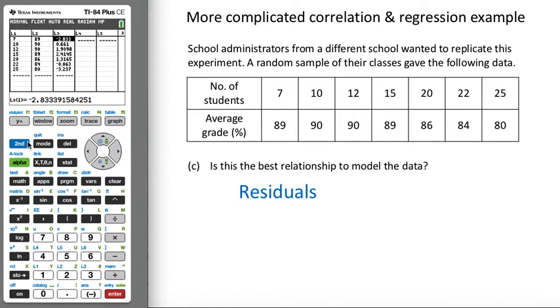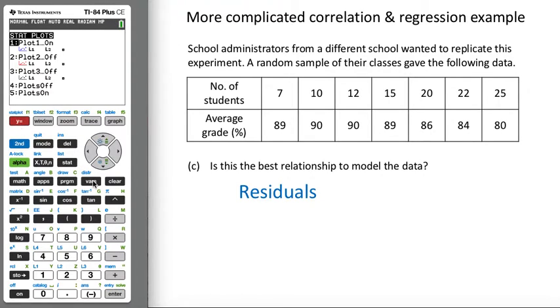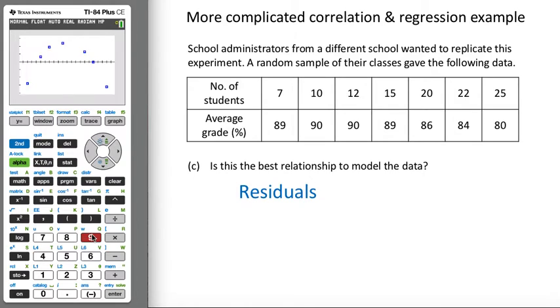So now we can go to our stat plot and change that from list 1 to list 2, from list 2 to list 3. So we're doing the x values versus the residuals, and now when we graph that, we'll zoom stat, and this is our residuals.